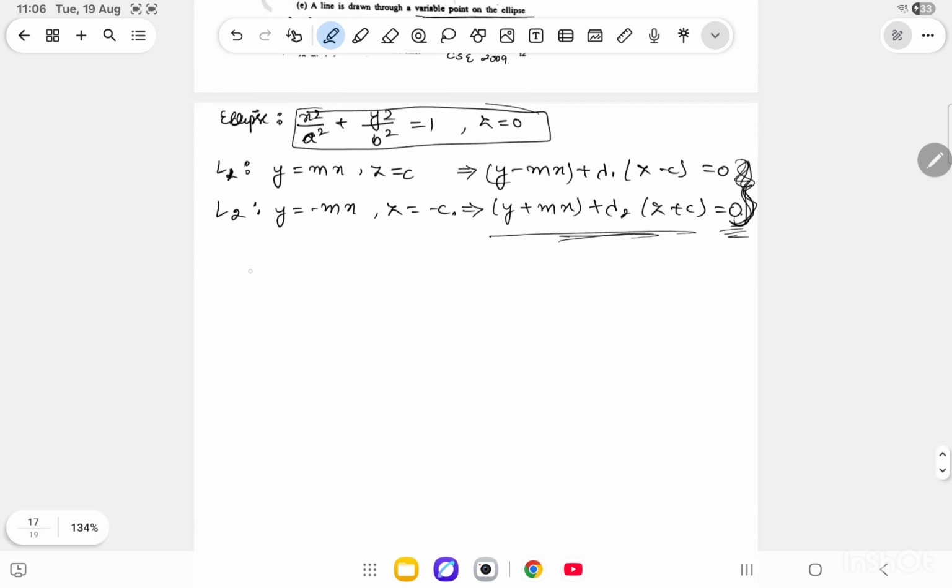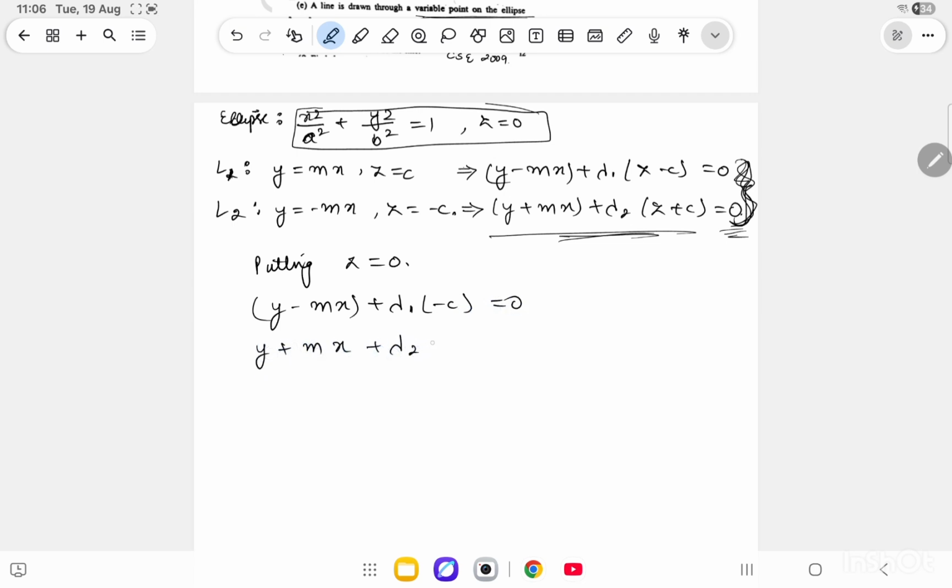Using that logic, putting z equals 0, we'll get y minus mx plus lambda 1 into minus c equals 0, and y plus mx plus lambda 2 into c equals 0.